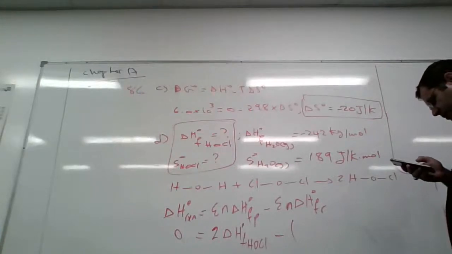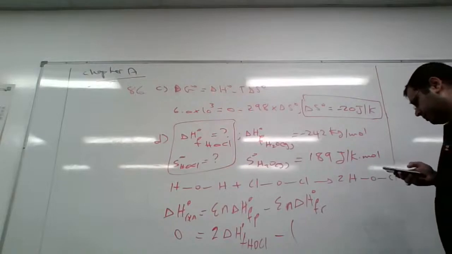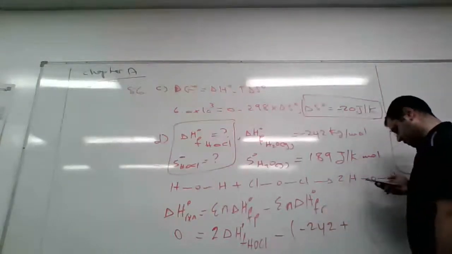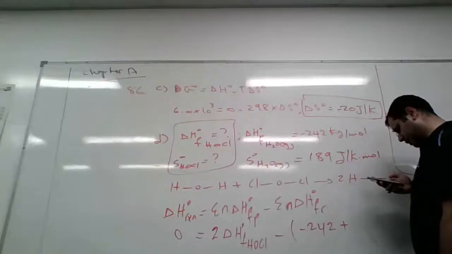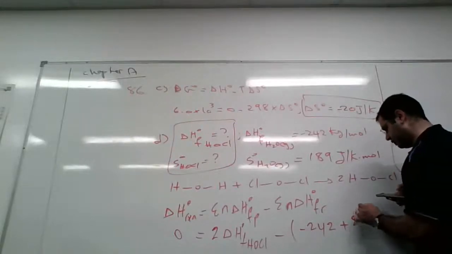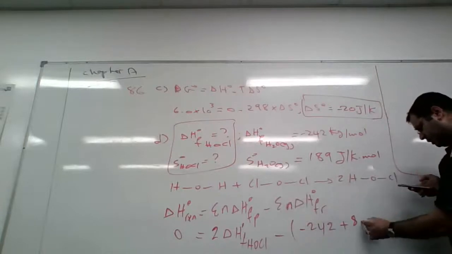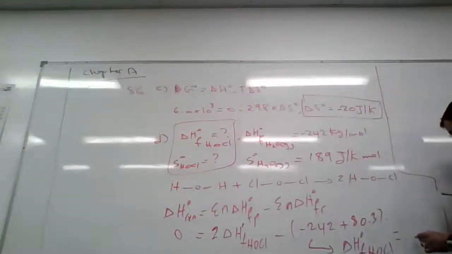That's how much? Minus 242 plus what's the heat of formation of ClOCl? If you check the exercise, it's minus 81 kilojoule per mole.